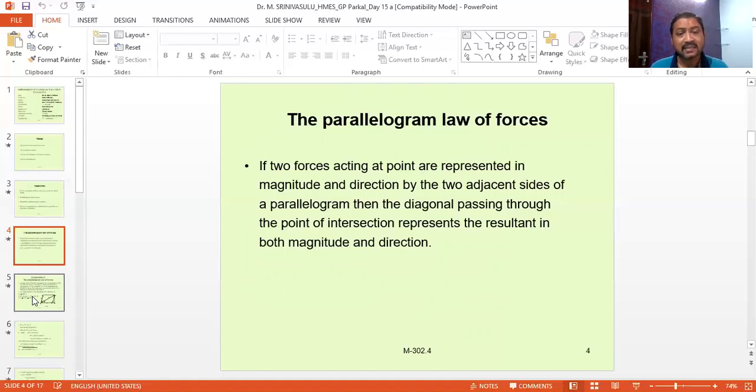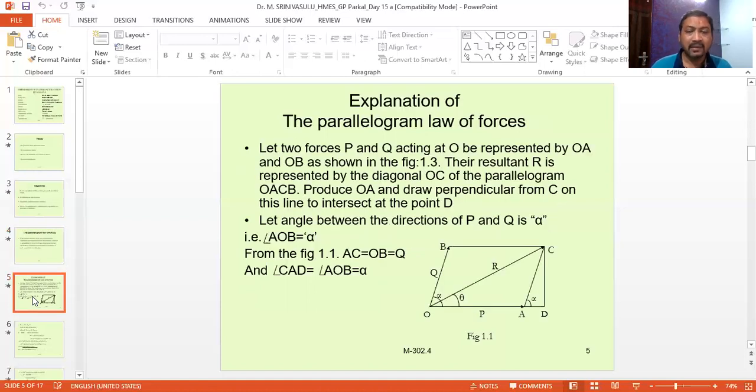So this is the statement of the law. Now we'll see the explanation of this parallelogram law of forces.